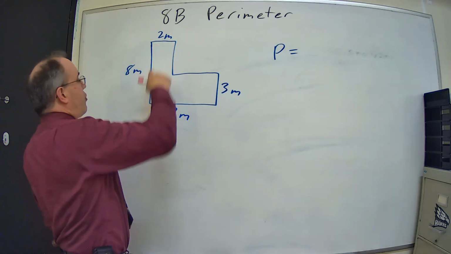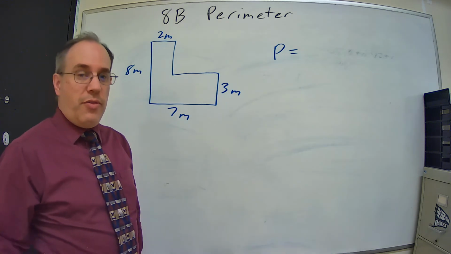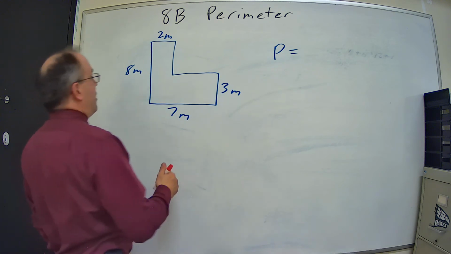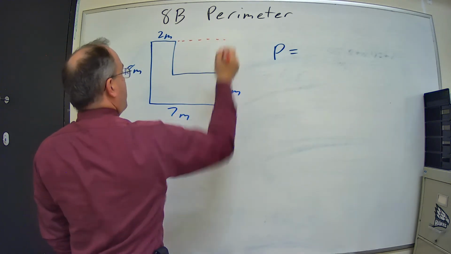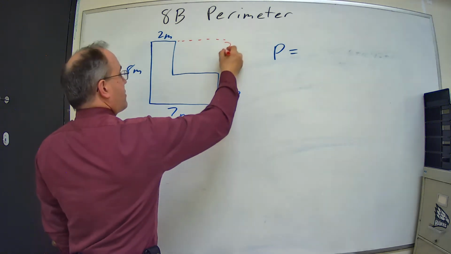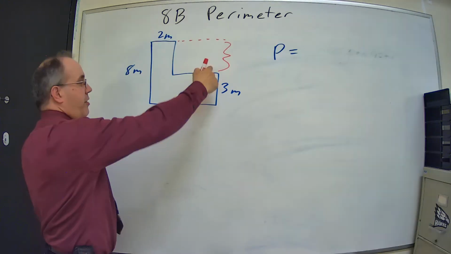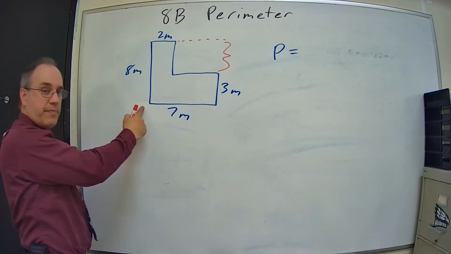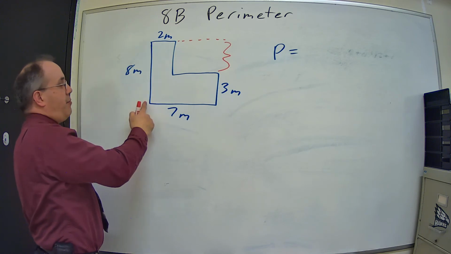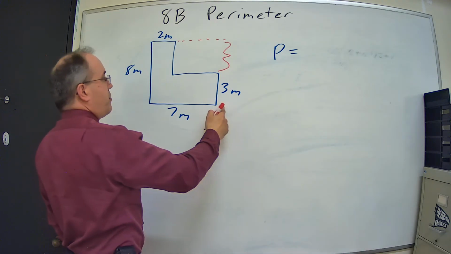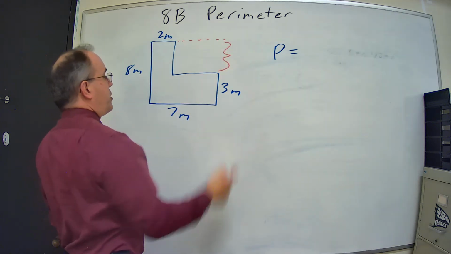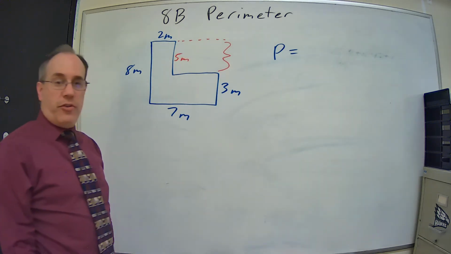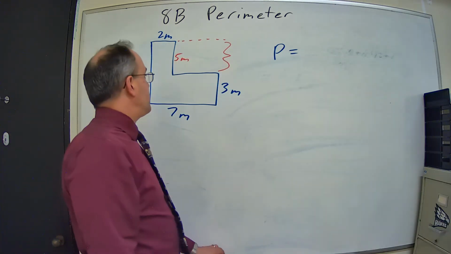Now, assuming that these are all right angles, then we can find the length of these missing sides, because if I extend this out, the distance from here to here plus this distance is equal to this length here. So if the full length is 8 meters, and this part of it is 3 meters, then this part of it must be 8 minus 3, or 5 meters.